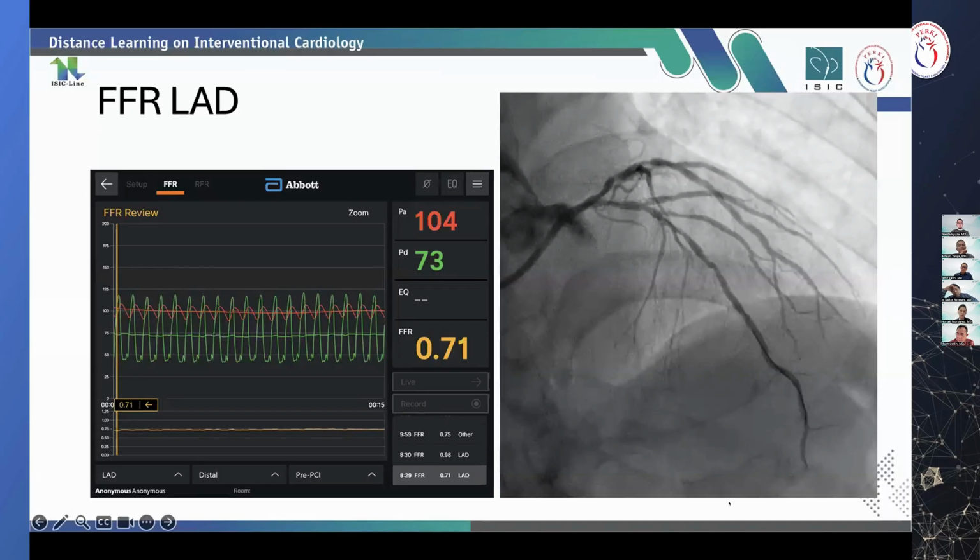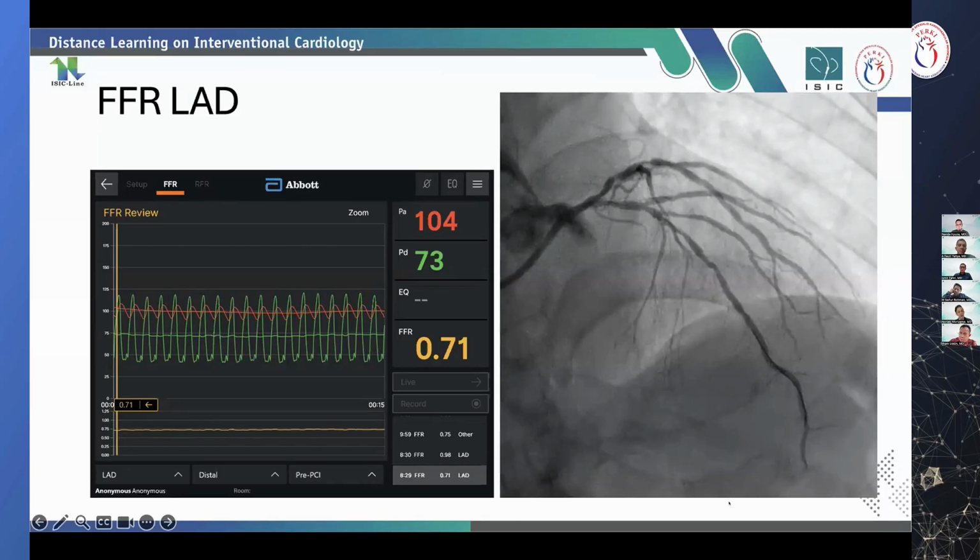So it's a very difficult situation whether we should treat the patient or not, and what kind of treatment would be better. If the patient has stable angina, firstly I will do OMT, and then I will check the patient's symptoms.